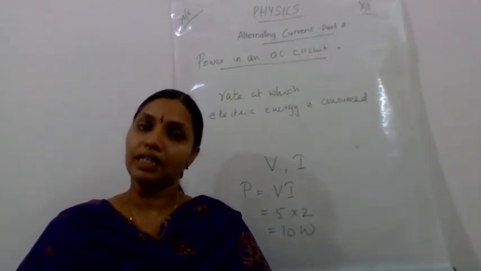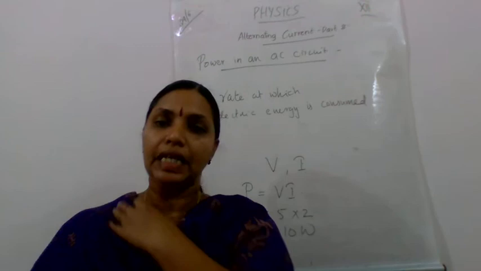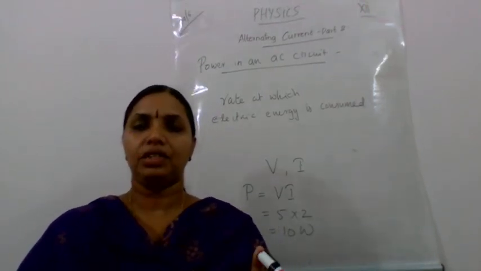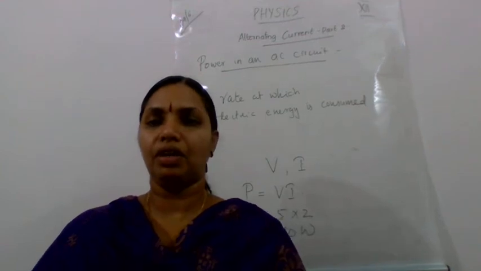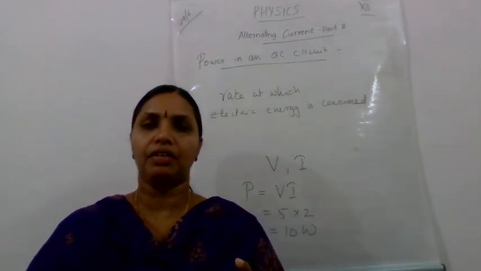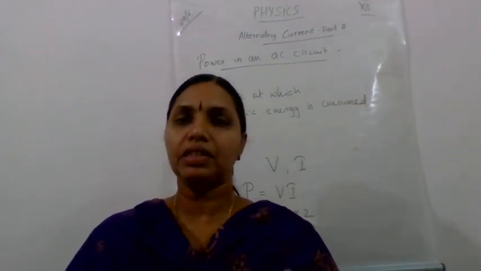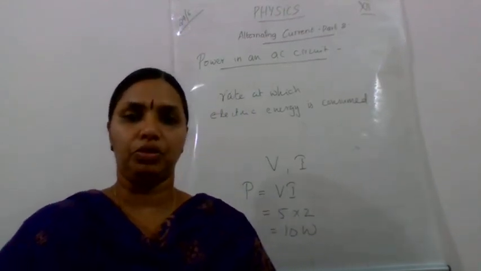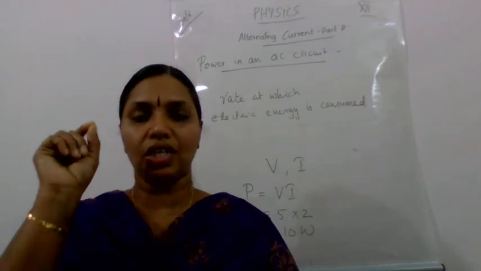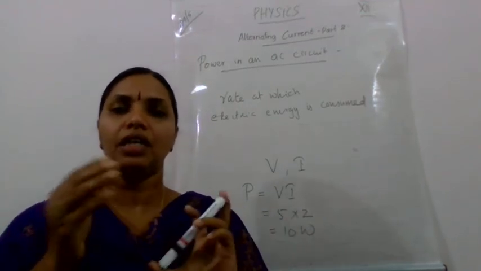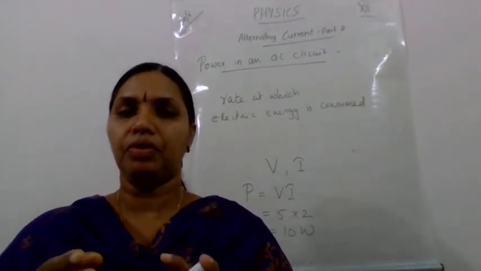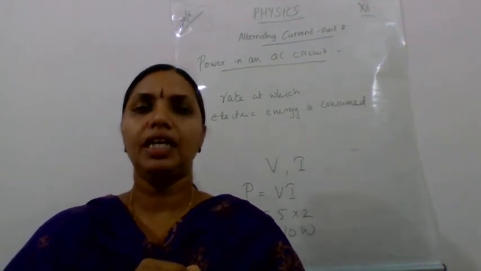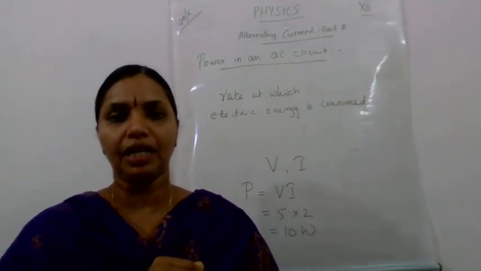We have to find out the instantaneous power at time t. And since we derived the average value of current and the average value of potential in the same way, we have to find out the expression for the average power also, because the power is instantaneously varying. So what is the average power consumed for a complete cycle, and what is the expression for the instantaneous power for an AC?